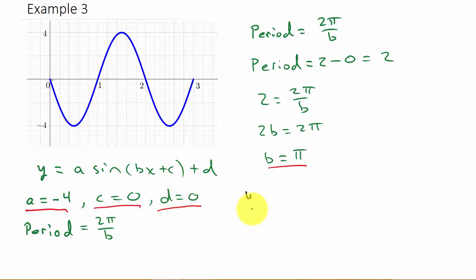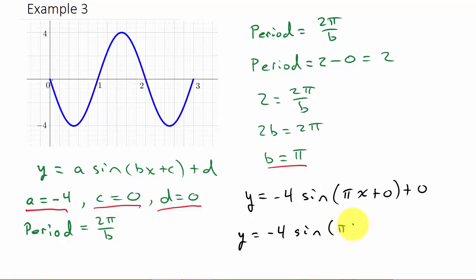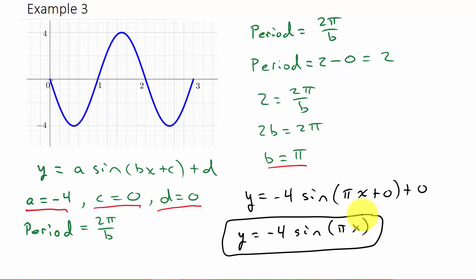So my function is y equals a, which is -4, times the sine of b, which is pi, times x, plus c, which is 0, plus d, which is 0. So my function would be -4 sine of pi times x, and that would be the function that models this graph.